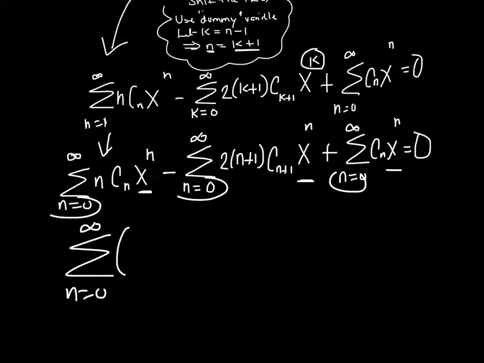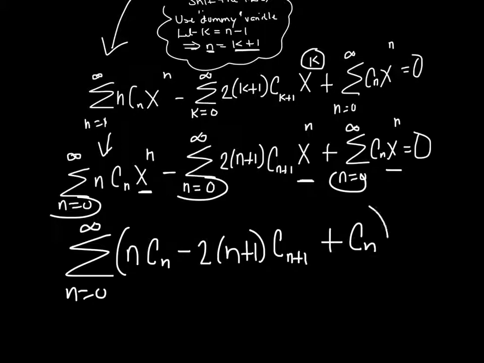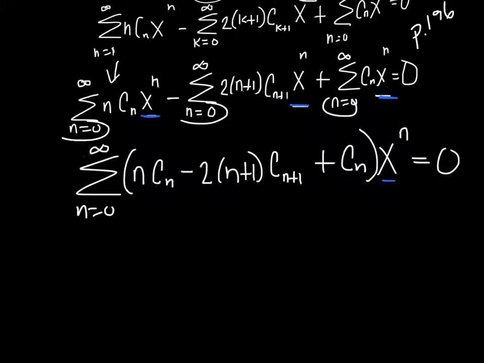So I'm left with n c_n minus 2 times n plus 1 c_{n+1} plus c_n. All I did was factor out this x to the n. So that's using power series operations, page 196, if you want to review that.